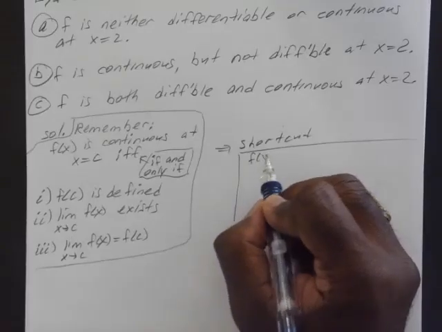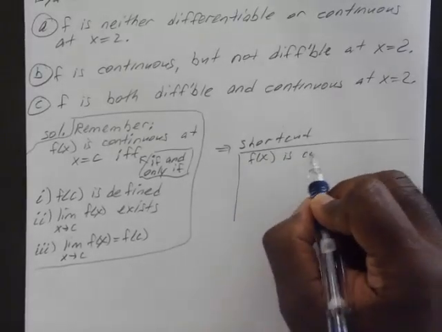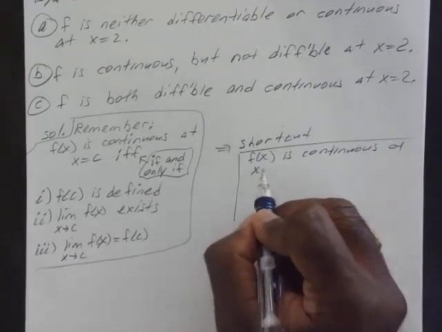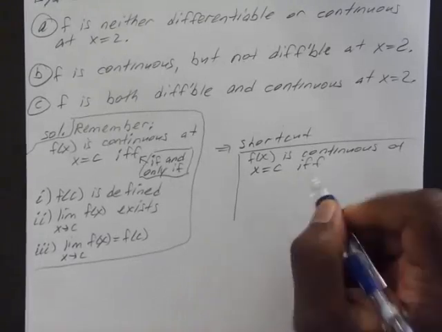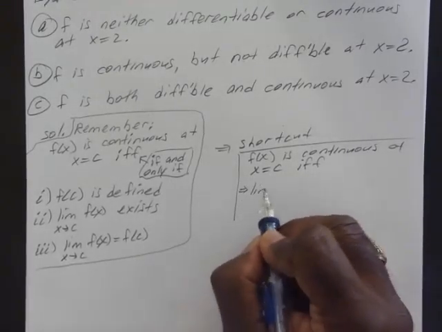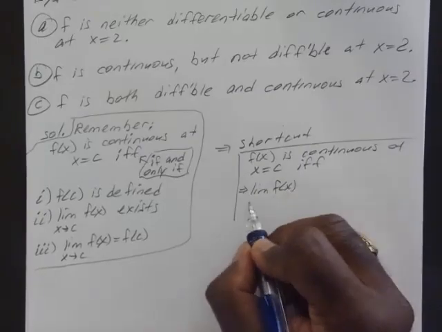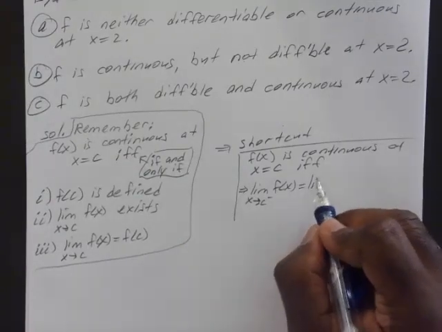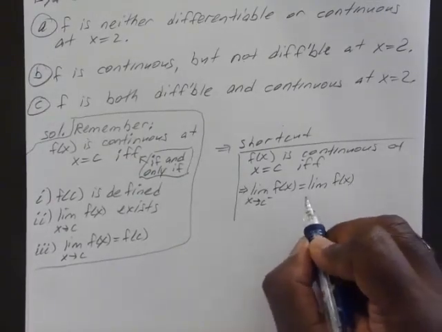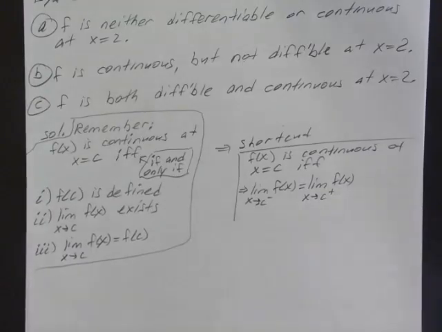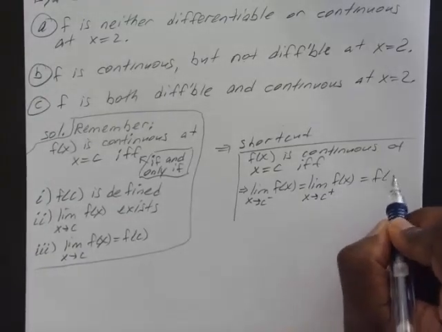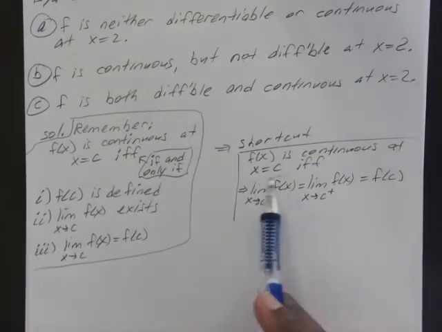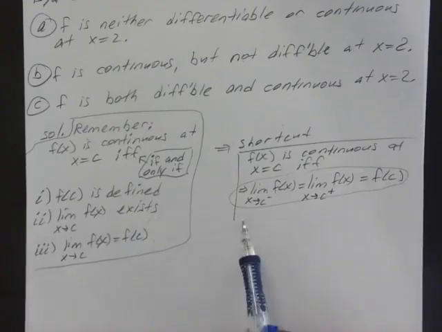We know that f of x is continuous at x equals c if and only if the limit of f of x as x approaches c from the left is equal to the limit of f of x as x approaches c from the right, and they're both equal to f of c. This basically combines all three of those steps.